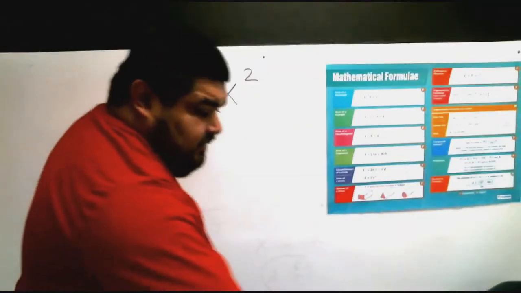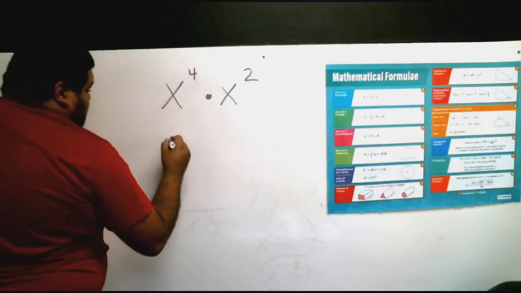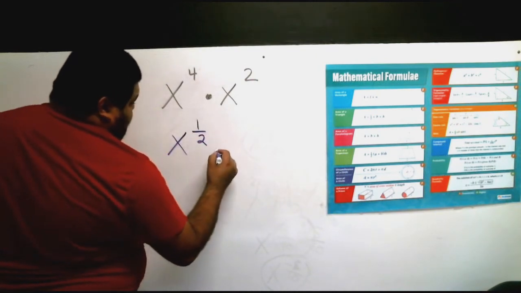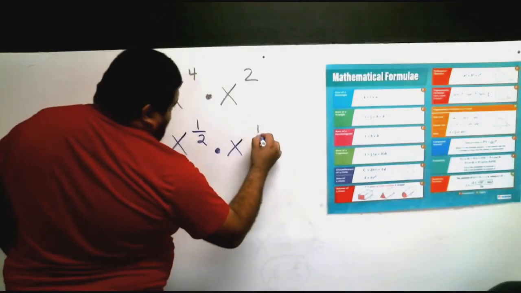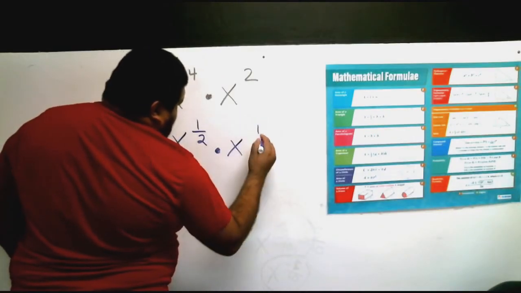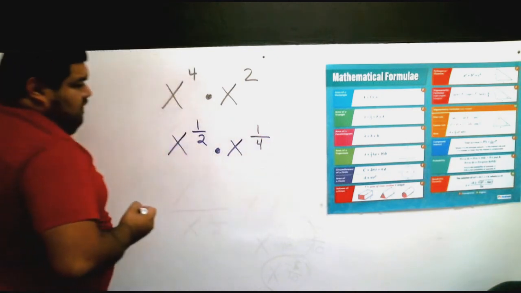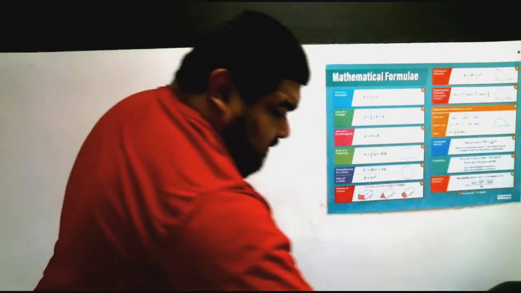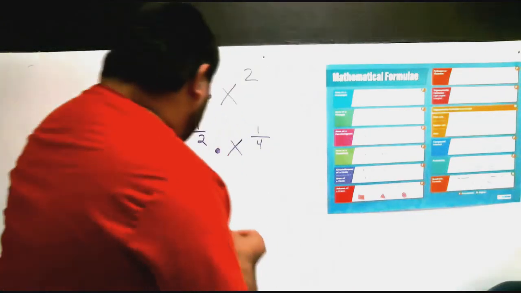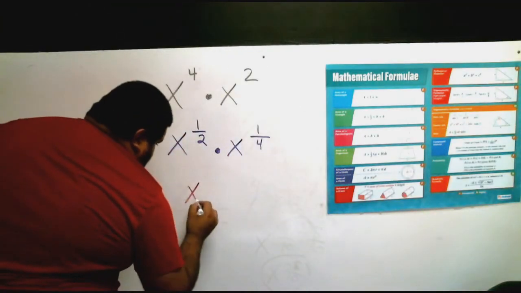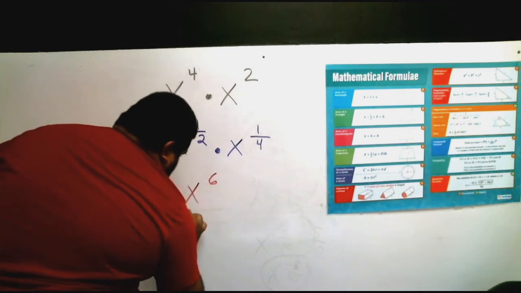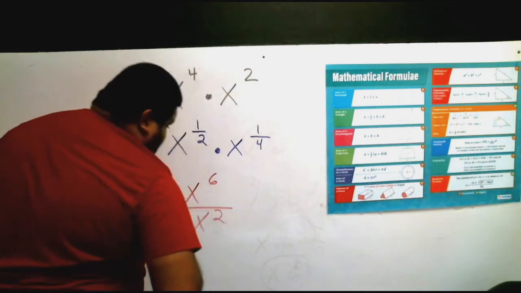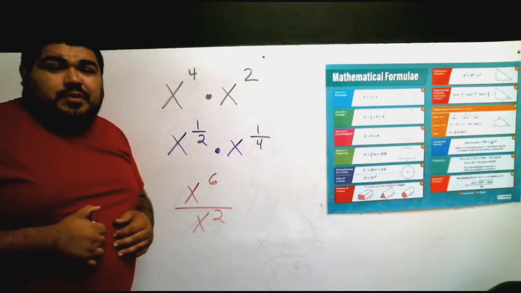Your second one is x to the 1/2 times x to the 1/4. And then finally, we're going to use x to the 6th power over x to the 2nd power. Those are your 3 problems.